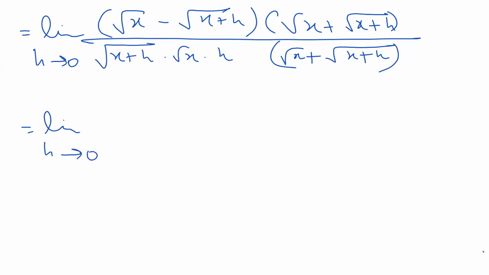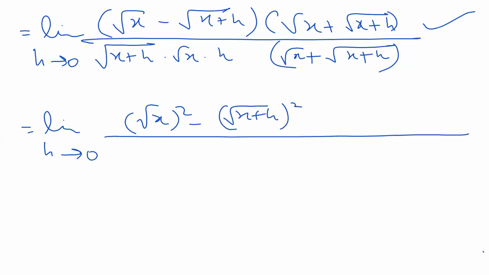Limit h approaching 0. In the numerator, we are going to do a square minus b square, because it is a minus b into a plus b. Denominator will remain the same.